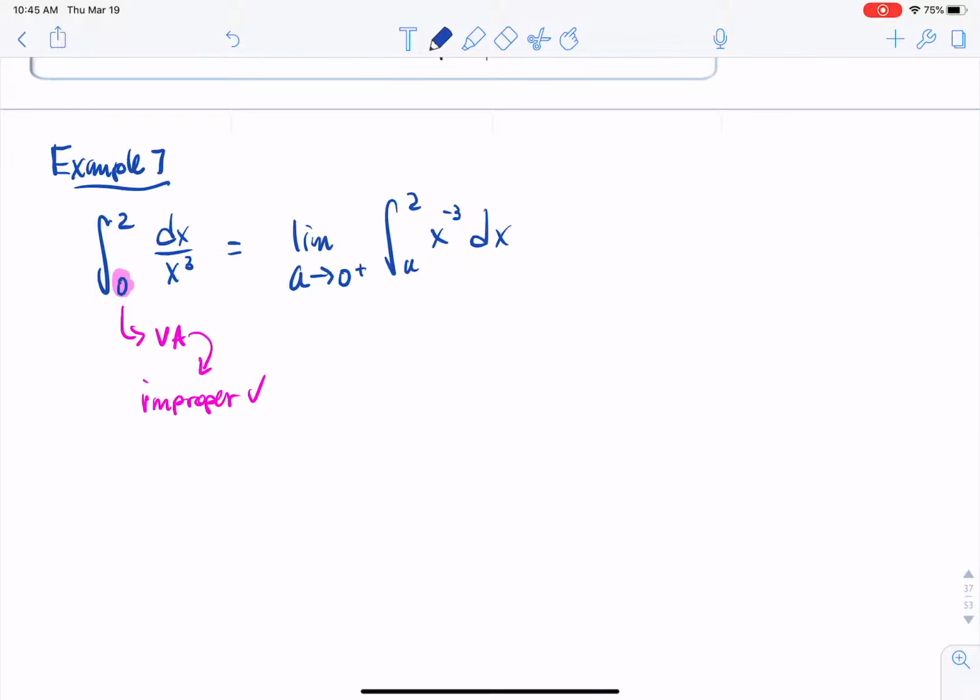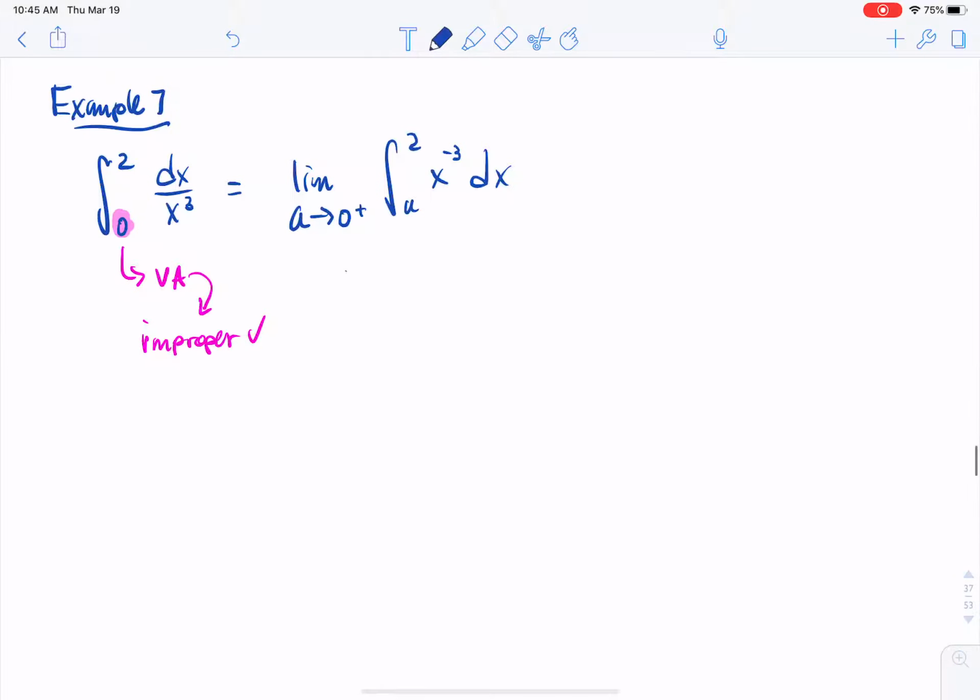Now we're ready to evaluate the definite integral part of this. Add 1 to the exponent: x to the negative 2 divided by negative 2. I'm going to evaluate that from a to 2.